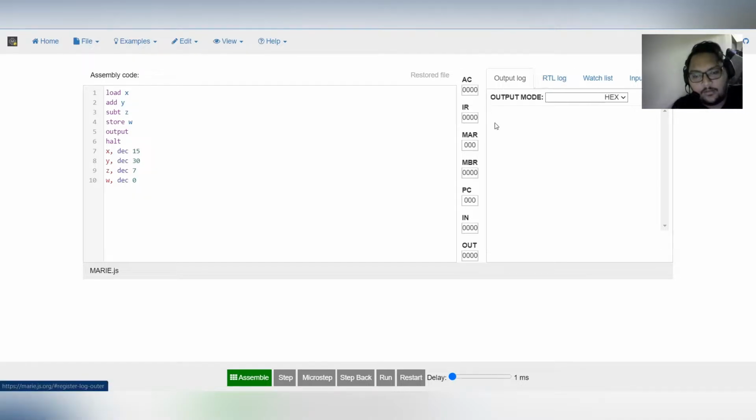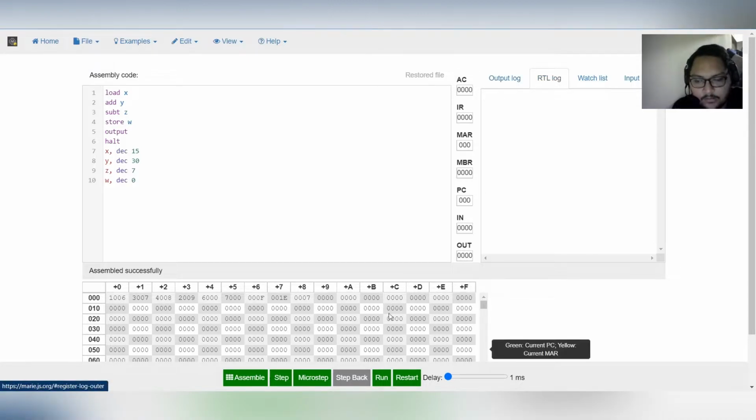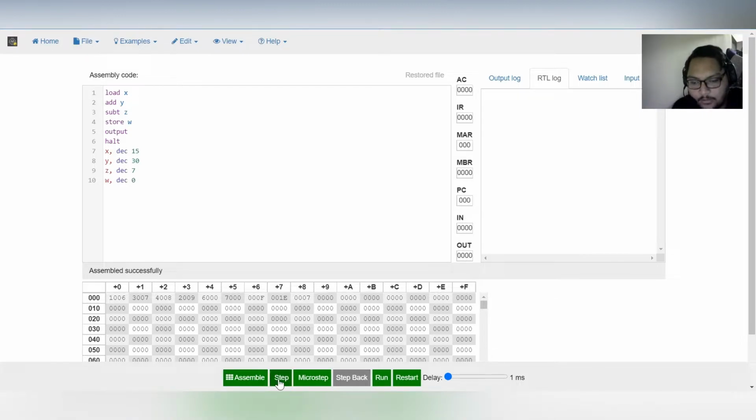Okay, so we will look at the MARIE simulator. The operations in the RTL log will all be in hexadecimal values. Here I just adjust to decimal to get the value from our equation, which is in decimal. Here we will go one by one.